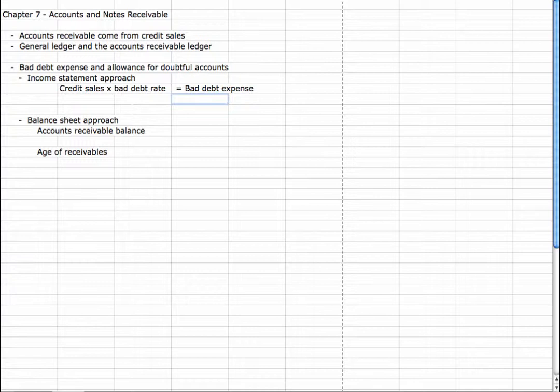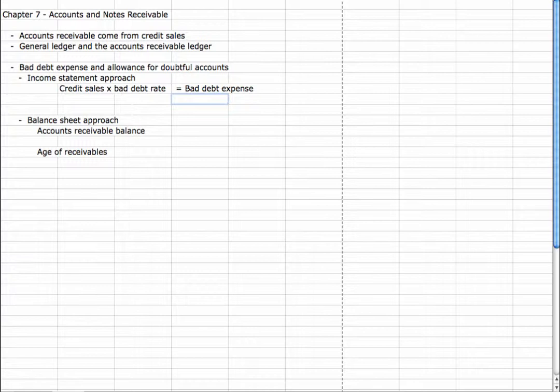Now, the balance sheet approach takes a little different look at it. Instead of looking at the credit sales, what we're going to look at is the nature or the quality of the accounts receivable that are sitting in our financial statements. Those accounts receivable could be based upon several customers, customers that could be good or they could be bad, invoices holding them.